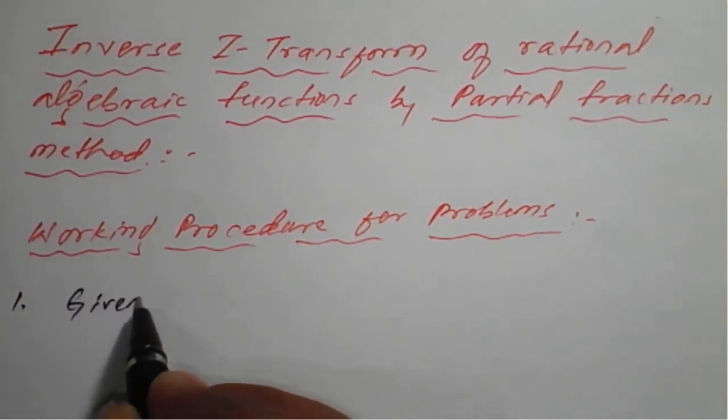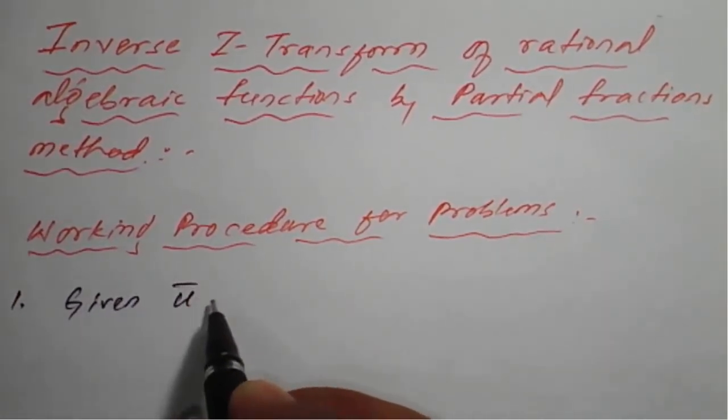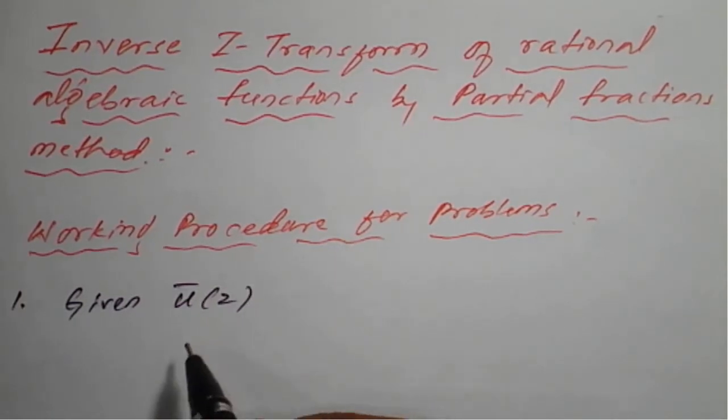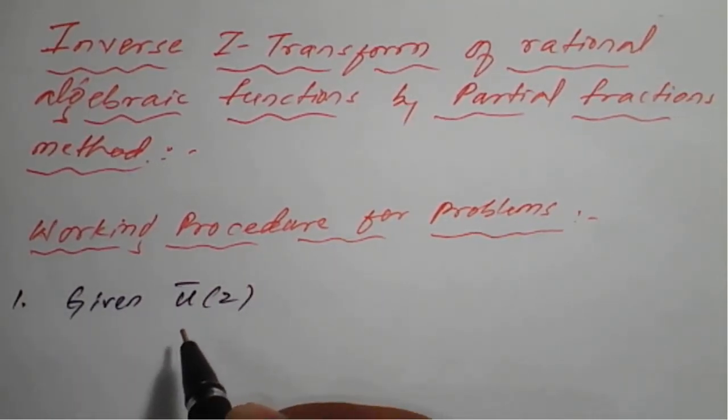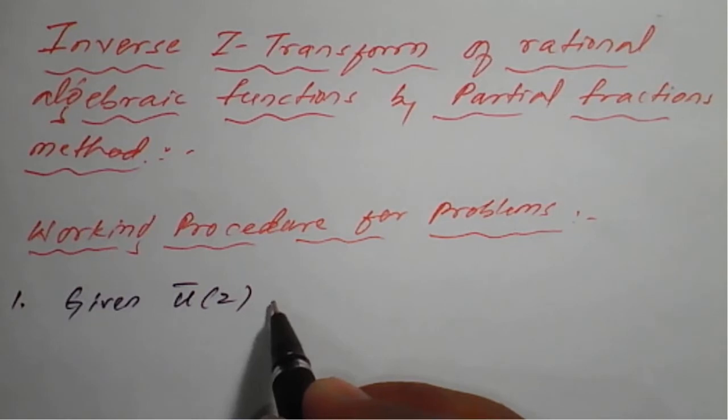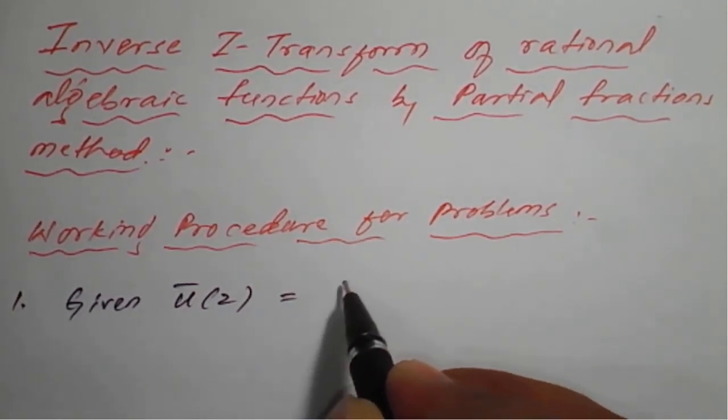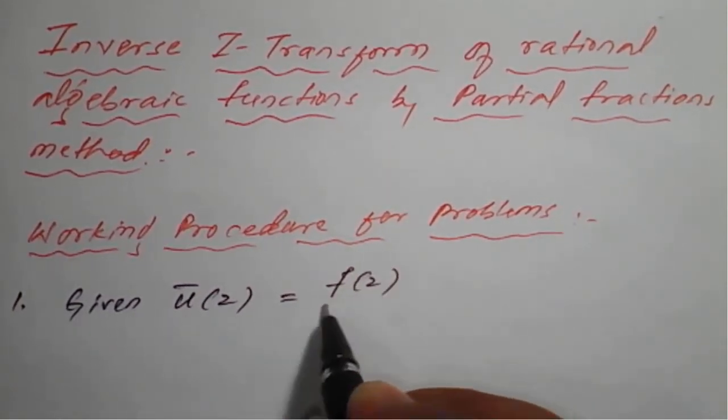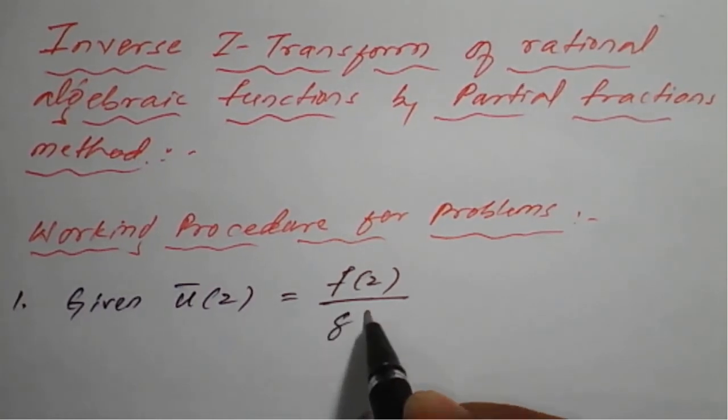Given U dash, so here U dash means the inverse Z transform we are going to find. So given U dash of z, it will be in the form of a fraction, that is f of z divided by g of z.